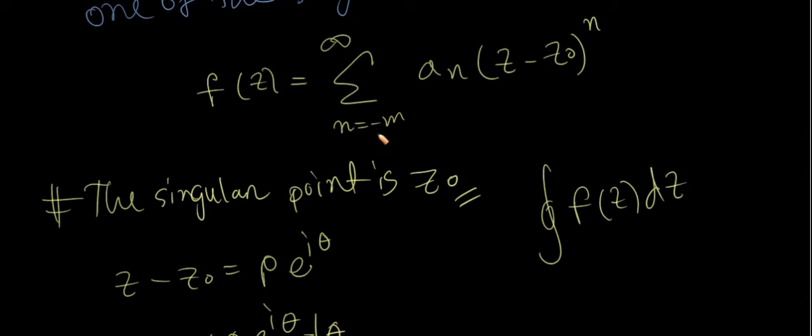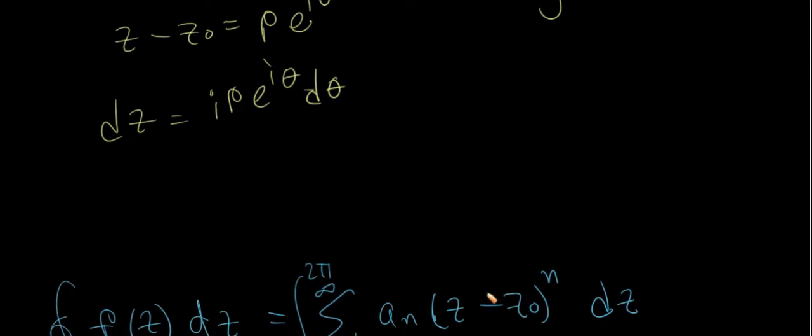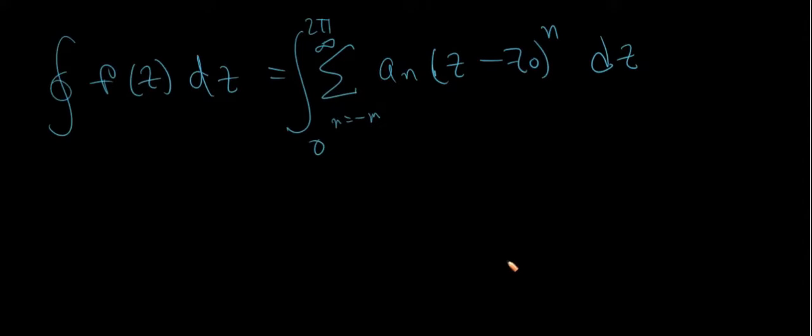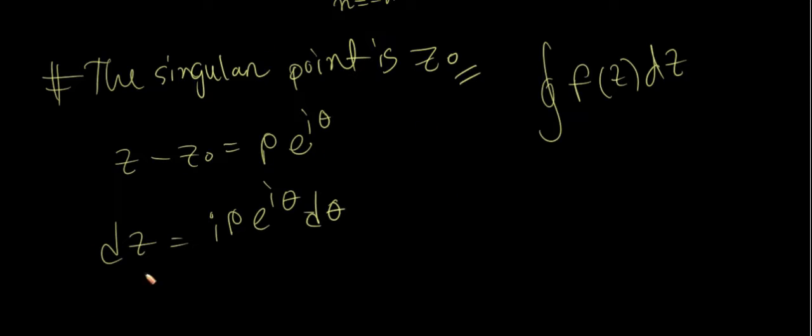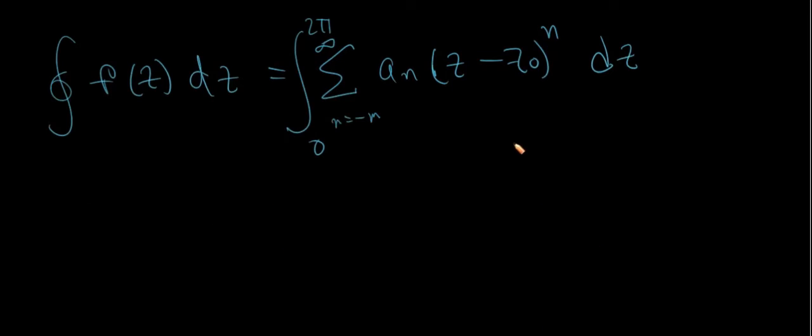So that's why I'm assuming that this z naught has an order of m. Now we are going to use the parameterization that came from this line. What we're going to do is flip this summation and the integral symbol, because the integral itself is a linear operator, so we can do that. However, there are some subtleties, and the subtlety arises when the result is not finite. Since we are expecting the result to be finite, we can flip this operator as well.